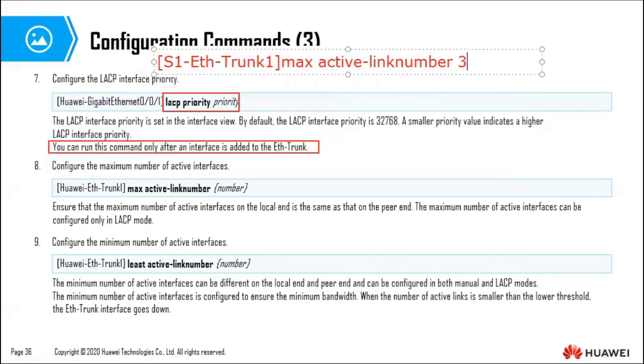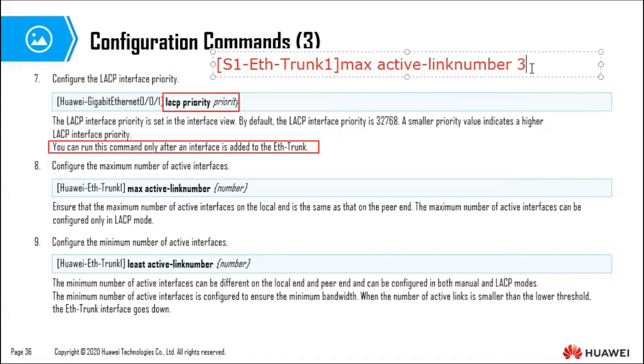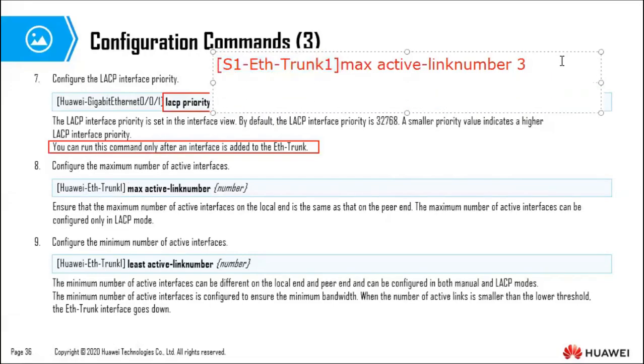Maybe you want a maximum of 3. Read further about this, but I think the maximum number of physical interfaces you can add in an Ethernet trunk is 8. Okay.